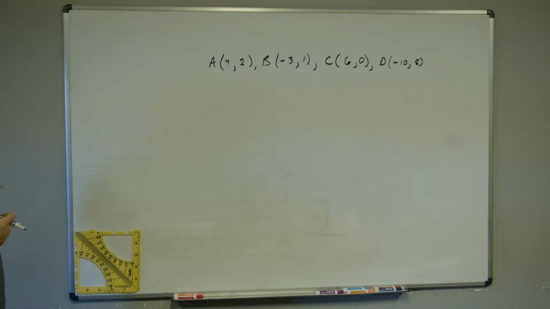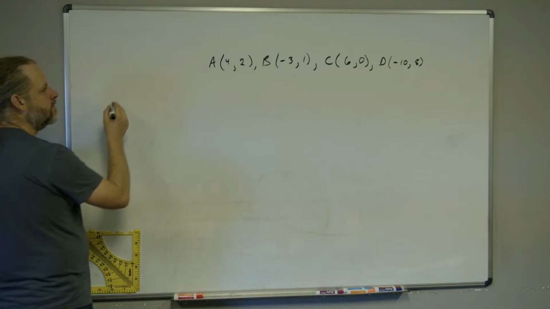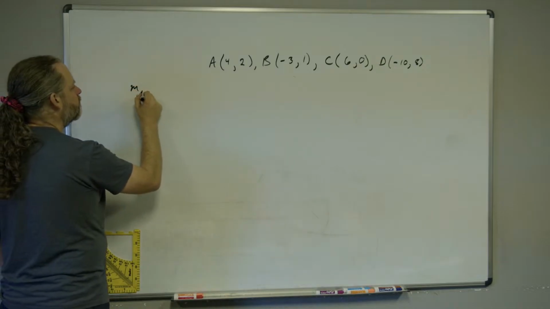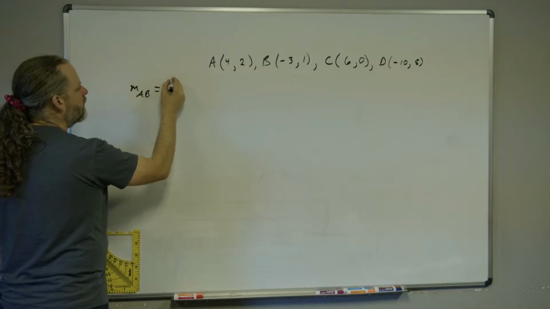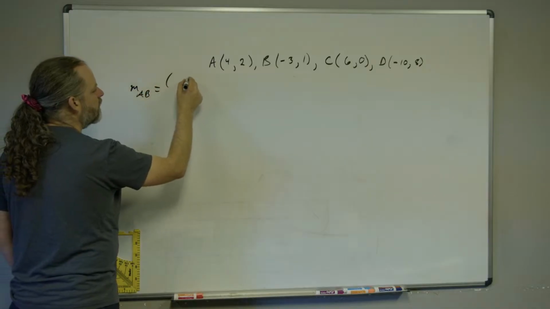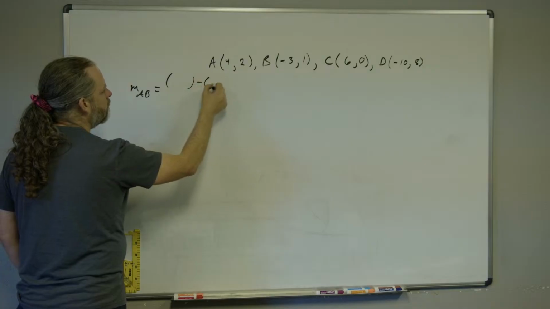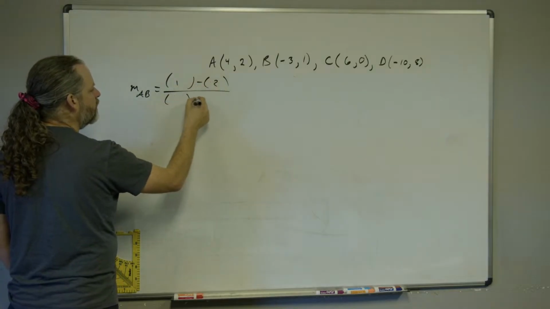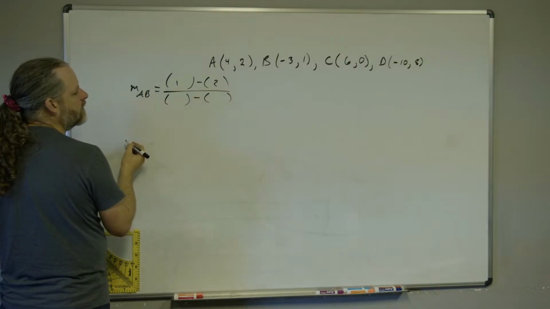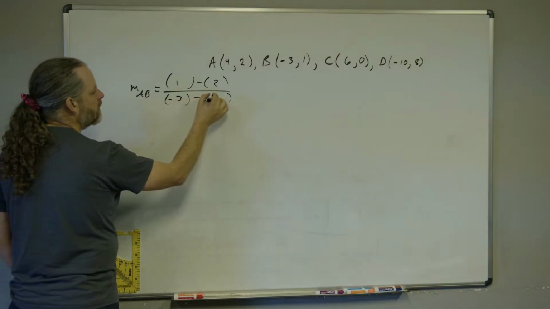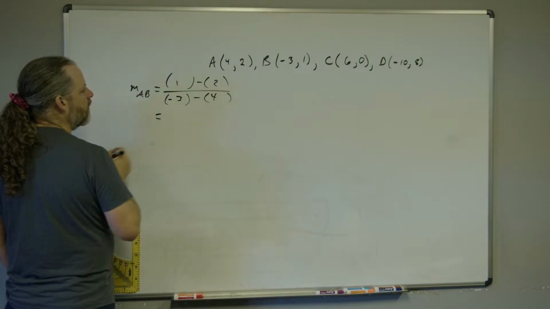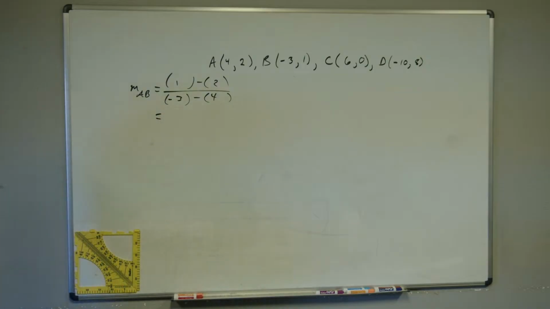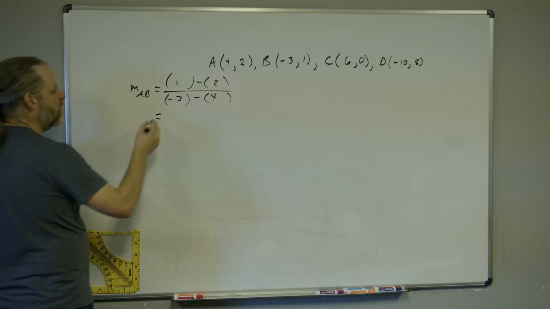Okay, so how do we find the slope between A and B? Slope formula. One minus two, you're right. Over what? So what's 1 minus 2? Negative 1.